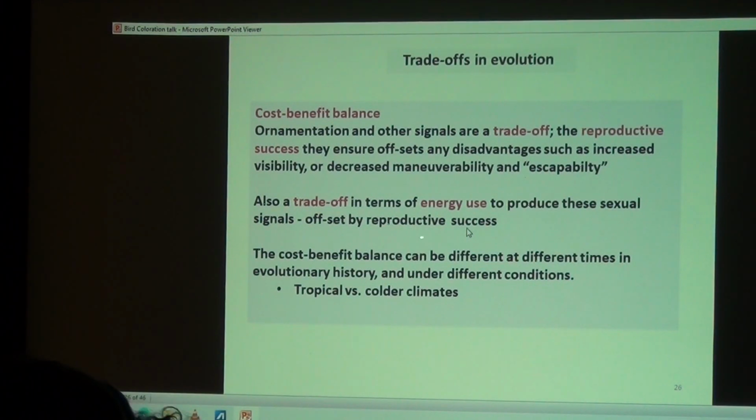So there's another cost-benefit balance here, and that is in terms of energy use. Again, the allocation of energy to these ornamentations, the liability of that energy allocation is made up for by the reproductive success that's associated with those ornamentations.